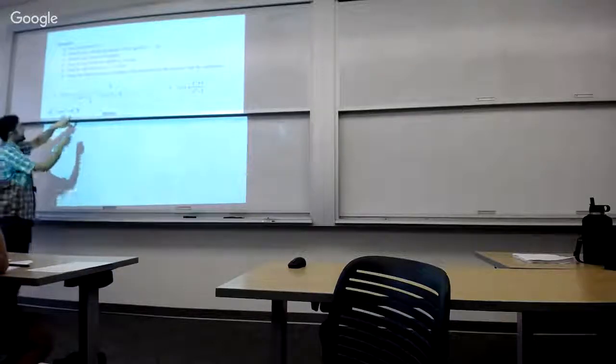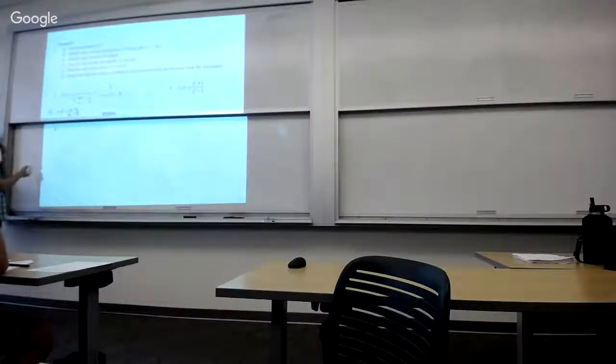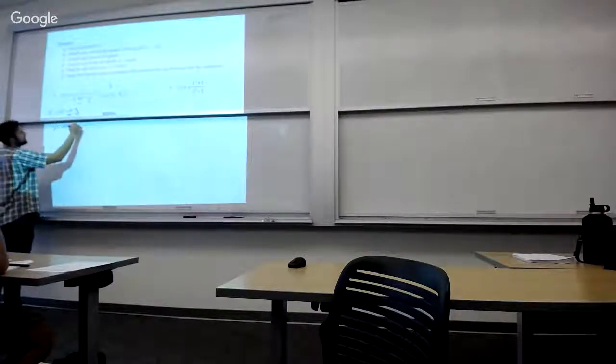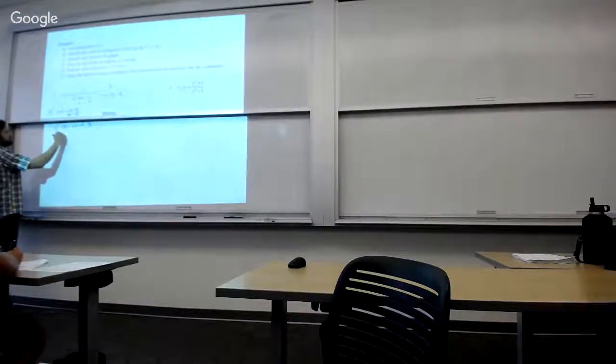So I already know that my domain exclusions are both vertical asymptotes. That helps me do part B, where they say identify the vertical asymptotes. So the vertical asymptotes are at x equals -4 and 3. Are there any holes? No holes.